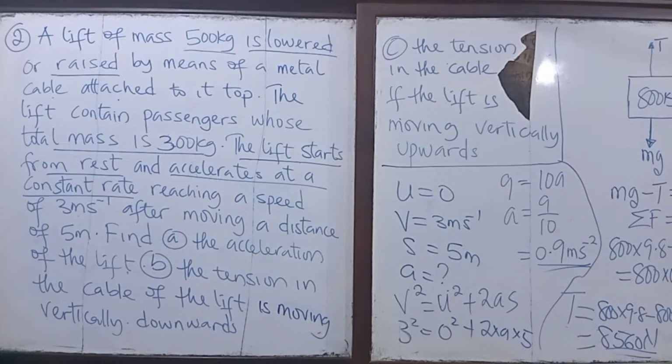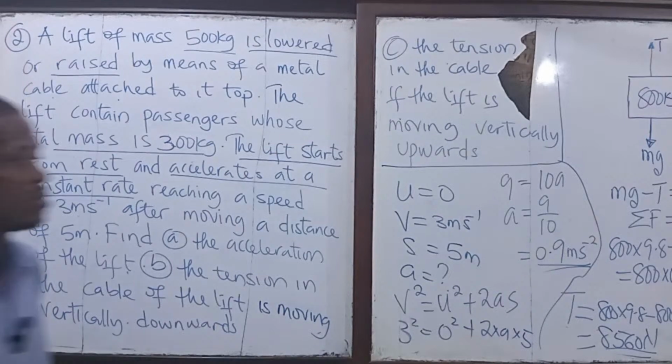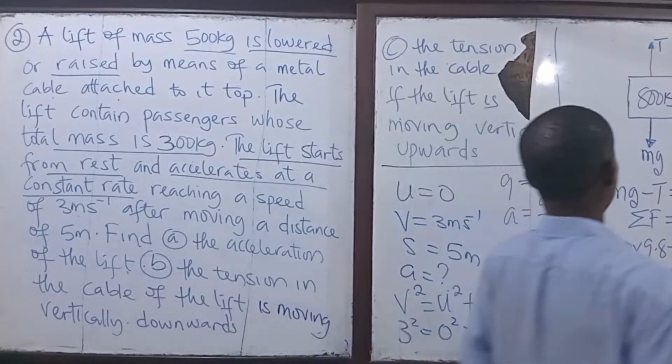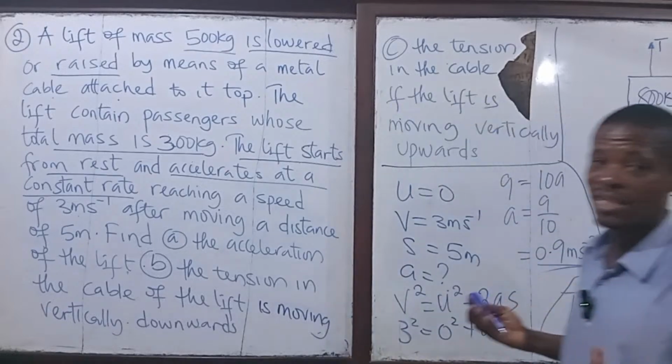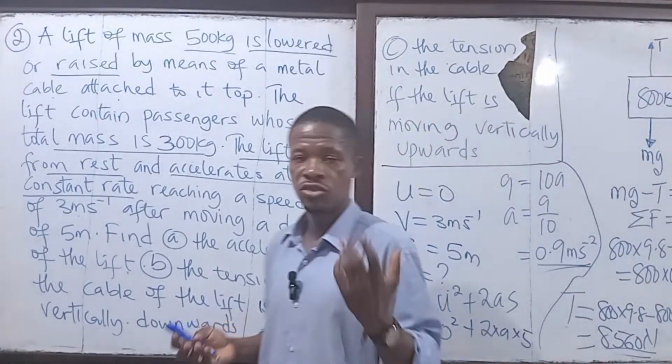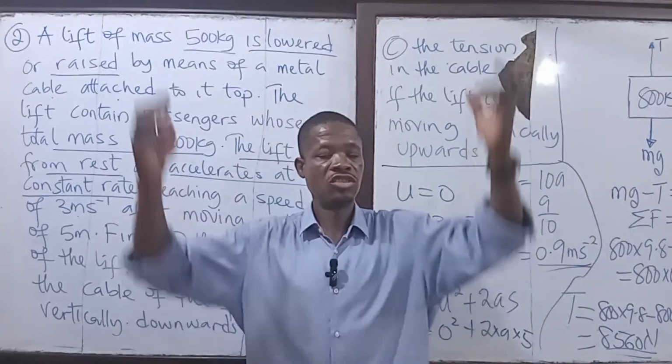Then the B part, find the tension in the cable of the lift. It's moving vertically down. And as I've said, when you are inside the lift, you need to note two things.